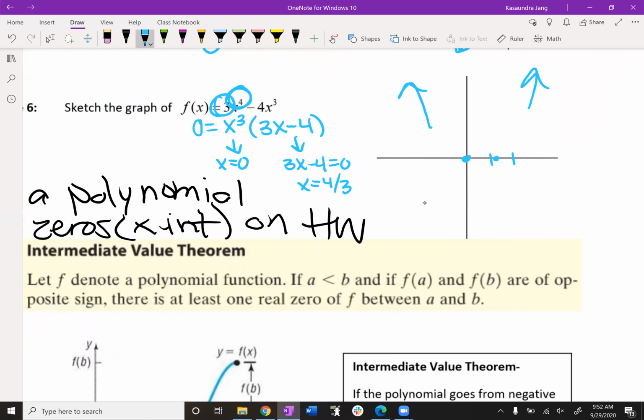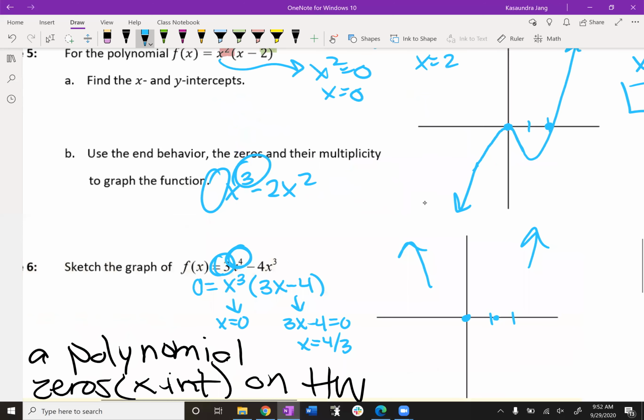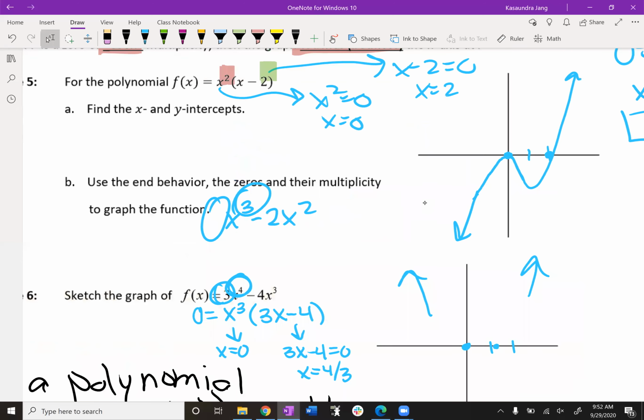And then I have to see if I'm going to bounce off of the zeros, or if I'm going to go through the x-axis for those zeros. That has to do with the degree. Let's see, do you guys see any even degrees? Let's see. What about odds? Do you guys see any odd degrees?